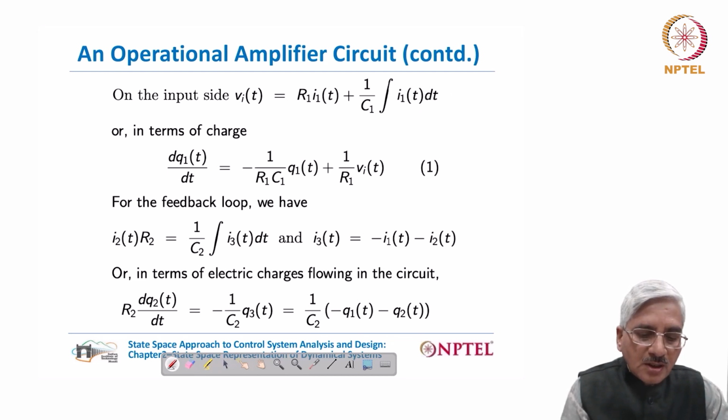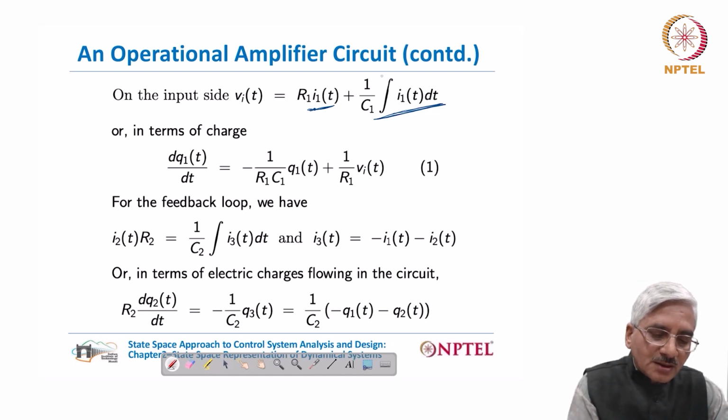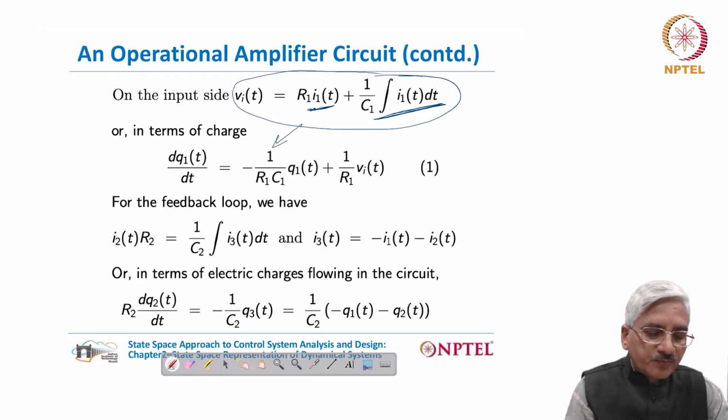Now we can divide both sides of this equation by R1, and simultaneously make a substitution, because the integral of I1 dt is equal to Q1, the charge. So division throughout by R1 and substituting integral I1 dt by Q1 and I1 by dQ1 by dt, we can express this equation in this form. dQ1 by dt will be equal to minus 1 by R1 C1 Q1.